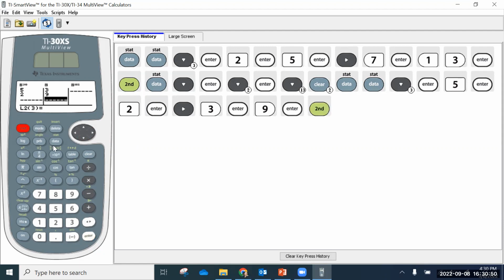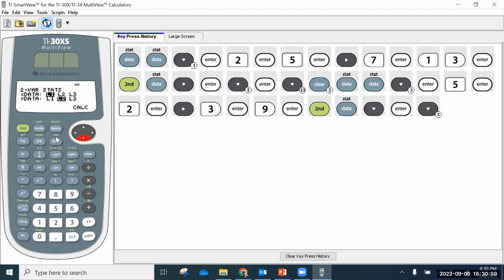And then we're going to press second data again, which is the stat option. 2 variable stat. All of that is correct. X is in L1, Y is in L2. And press enter. Now remember, we have to scroll way down here.